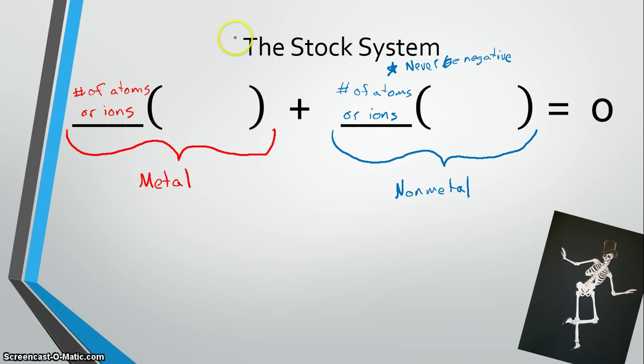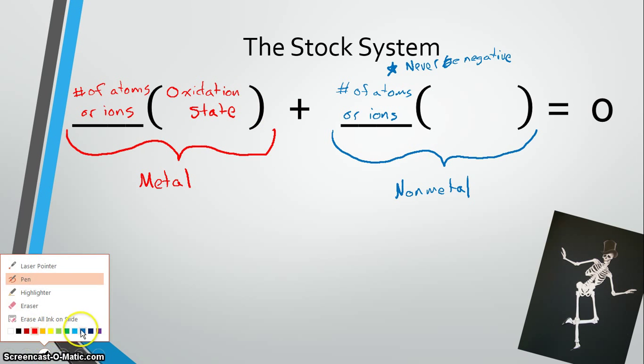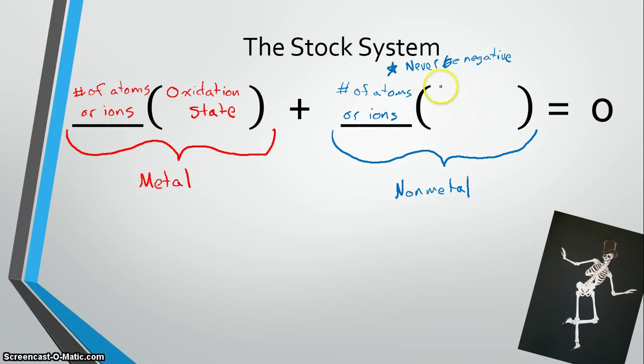Now, as for these parentheses, here I have the number of atoms. In these parentheses, I'm going to put the oxidation state. And of course, this will be the oxidation state of the metal. And on this side, it'll be the oxidation state of the nonmetal.